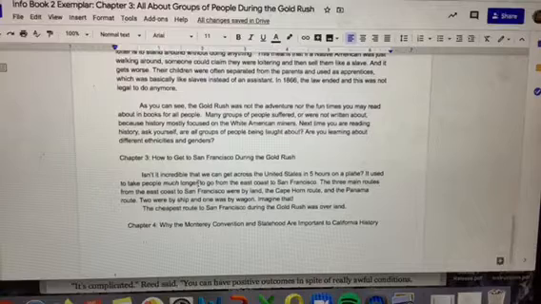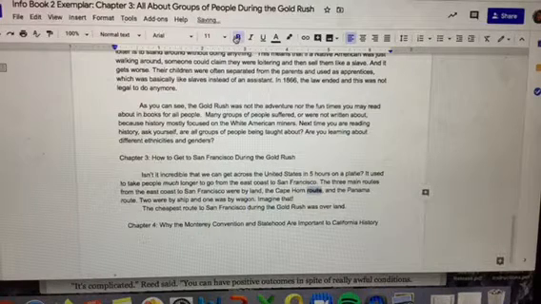Now when I looked at how to get to San Francisco during the gold rush, I think about what words are going to be very important for my reader to understand to get this big idea. And I thought about another word that'd be really good is route or route. You can say it either way. Route or route, however you choose to pronounce it, is an important word because this is all about the 3 routes to California.